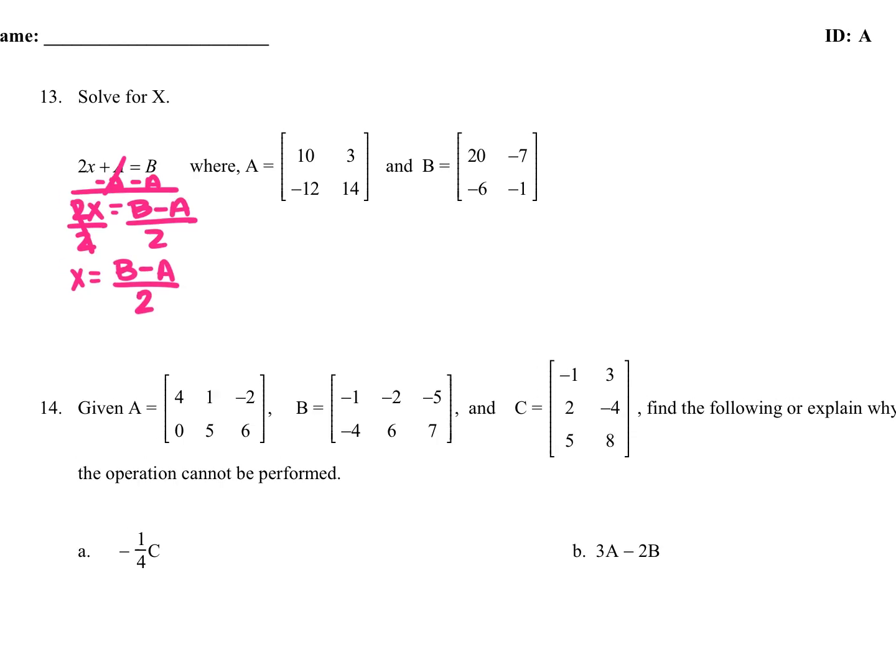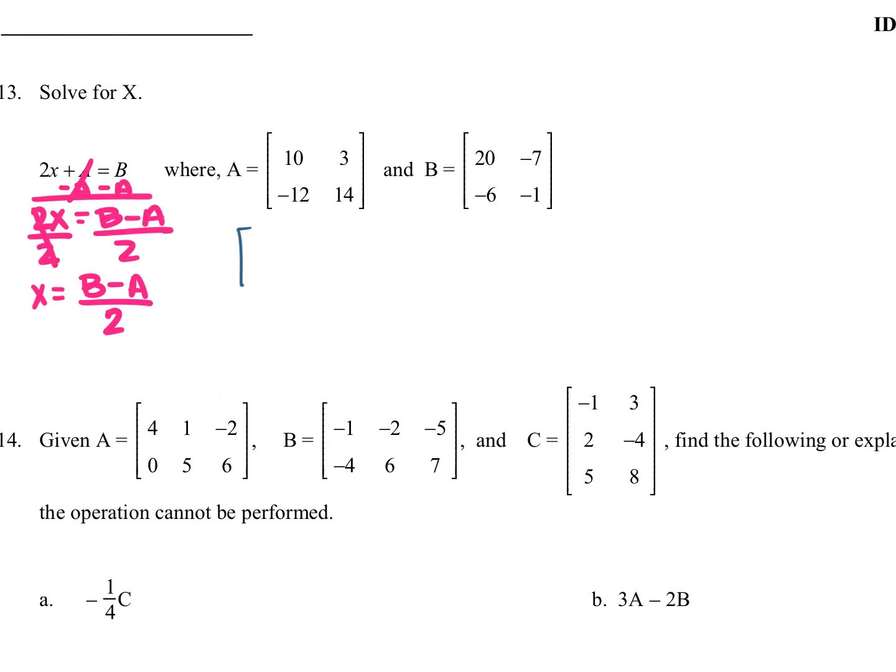So starting with b minus a, you're going to have 20, negative 7, negative 6, negative 1, minus 10, 3, negative 12, and 14. So that's going to give us 1/2 times the difference of 20 minus 10, which is 10. Negative 7 minus 3 is negative 10.